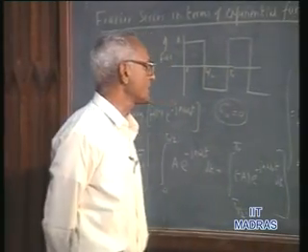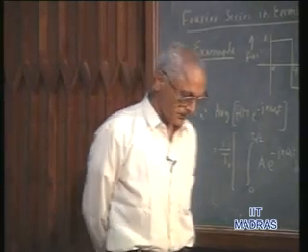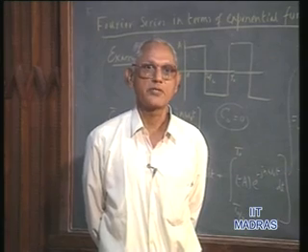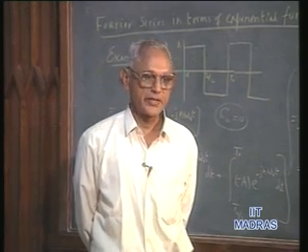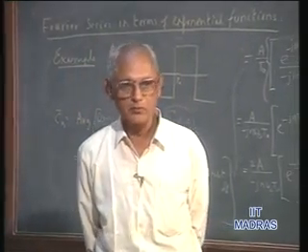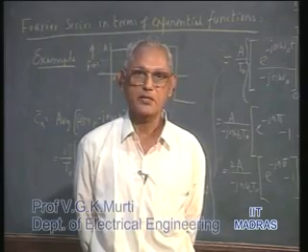So in terms of exponential functions, we expressed f of t as a summation of various terms, each term being of the form Cn e to the power of j n omega naught t, where Cn is a complex coefficient in general, which is related to the a and b coefficients that we already talked about as Cn equals an minus jbn upon 2.